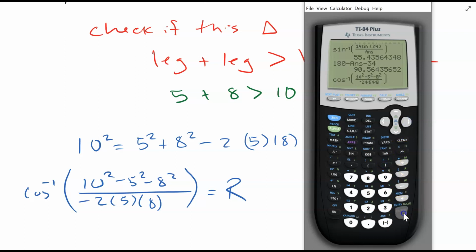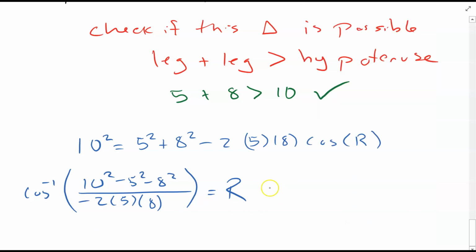Okay. So I do that, I get 97.903. Everybody's okay there?